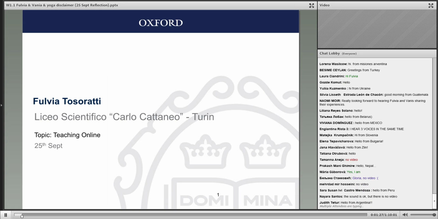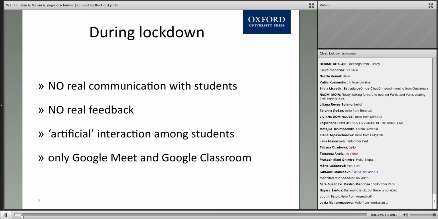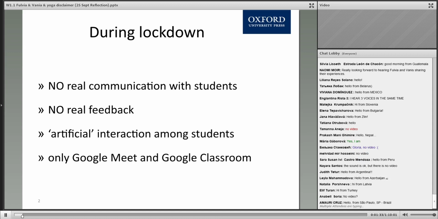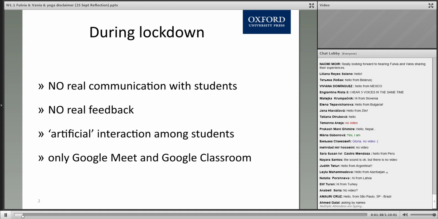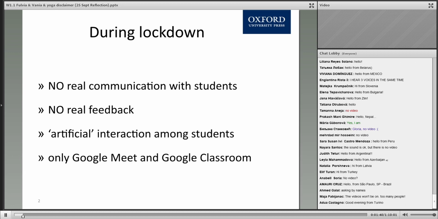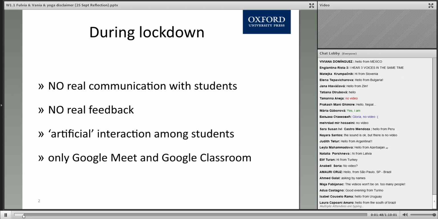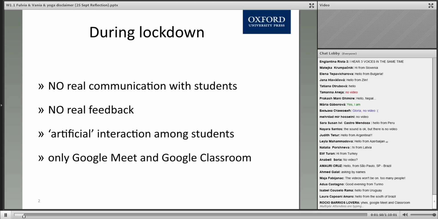In this slide, I tried to sum up the problems I was facing as many teachers, okay? I couldn't have a real communication with my students, okay? We could meet thanks to technology, but it was not the same. And also there was no real feedback, as we are not having real feedback now.